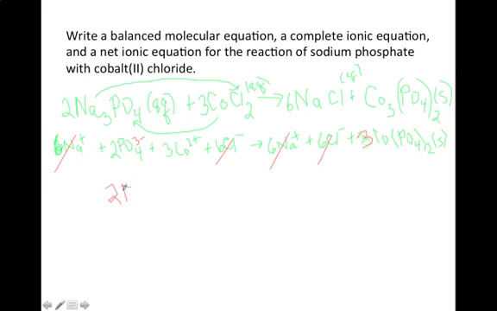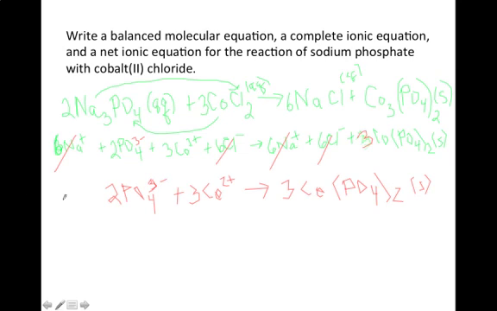2 PO4 3 minus plus 3 cobalt 2 pluses yields 3 Co, PO4, 2 solid.